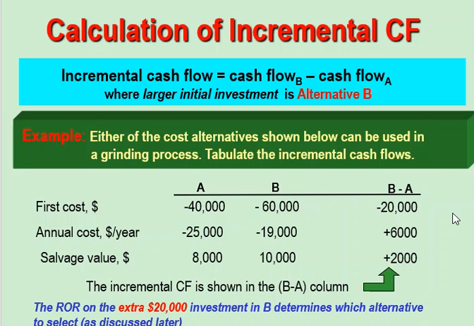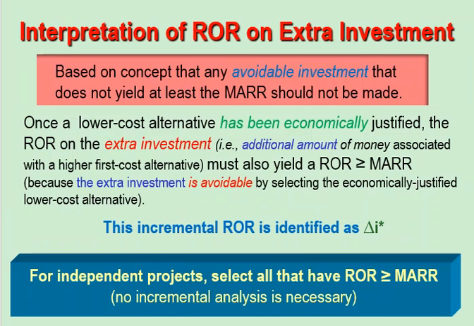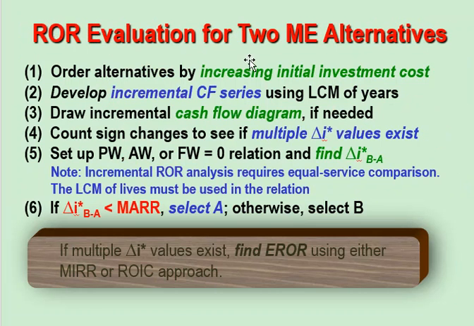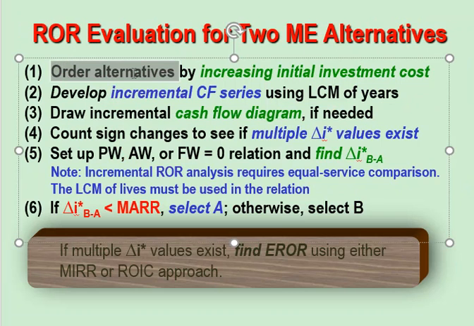Something you have to be careful about: you have to sort them, okay? What do I mean by sorting? We sort our alternatives based on initial cost, and that's what we have in this remark here. So we order them by increasing initial investment.